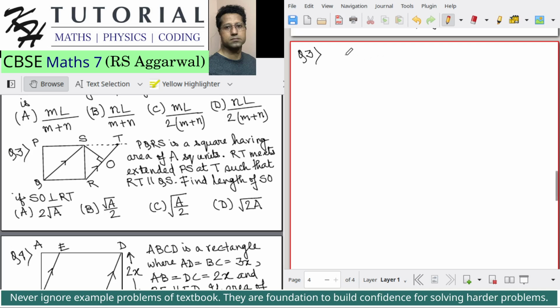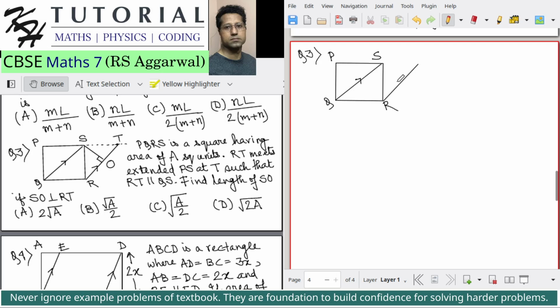Okay, so we have this square PQRS. PQRS is a square, and QS is the diagonal. RT is drawn parallel to QS.